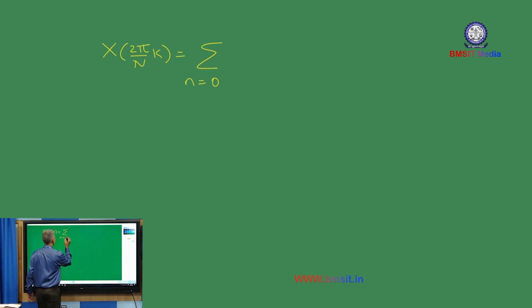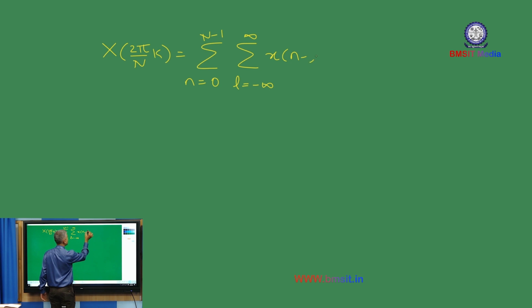This time I shall write the outer as n equal to 0 to n minus 1, and the inner summation as l equal to minus infinity to plus infinity, x of n minus ln into e raised to minus j 2 pi by n kn.